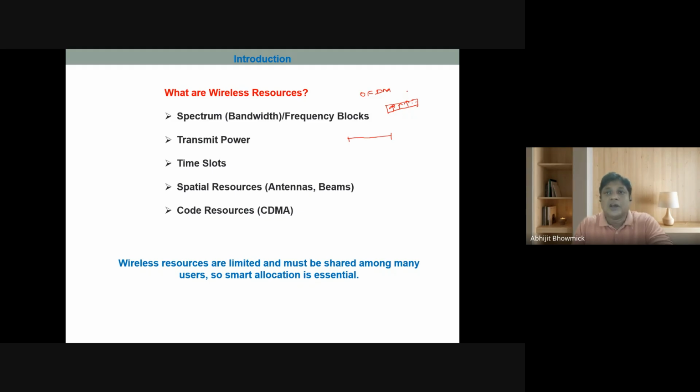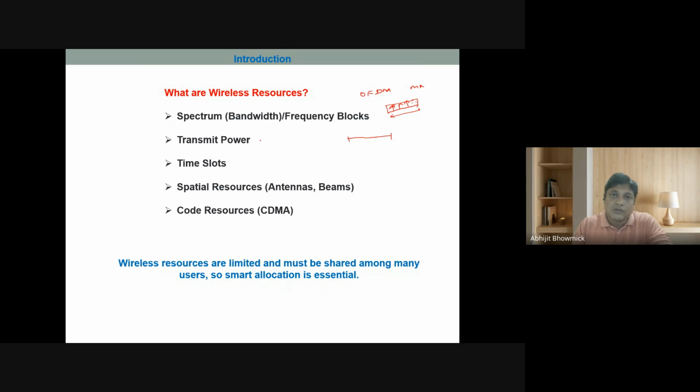Say there are K subcarriers and each is carrying M bandwidth. So one resource block is M into K. M is the bandwidth used for one subcarrier, and K is the number of subcarriers. So one channel may carry a number of resource blocks. Depending on your application and communication technology, the number of frequency blocks varies.